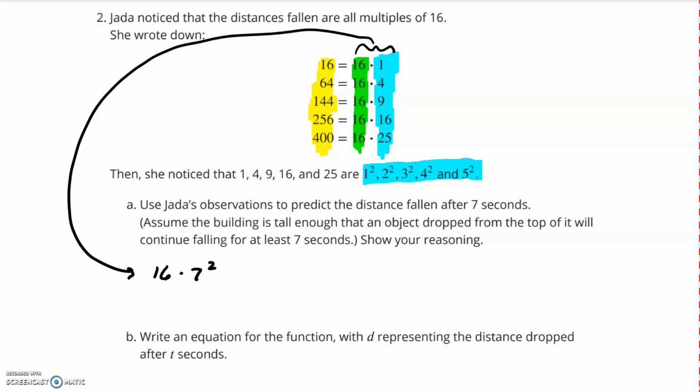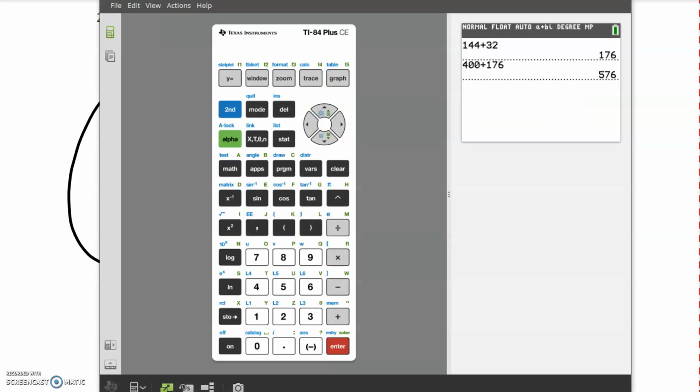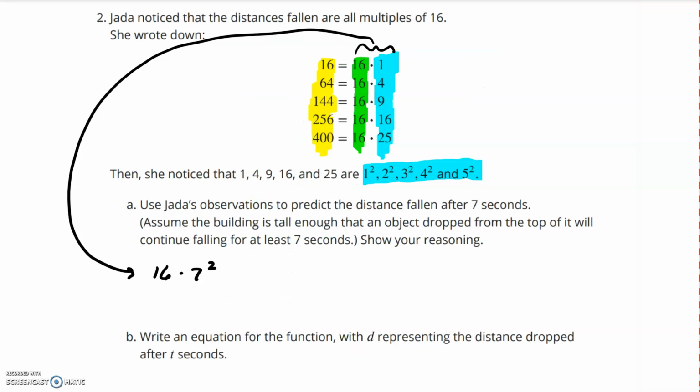And if we go to our calculator and we do 16 times 7 squared, notice I just type it right into the calculator, hit enter, and I end up with 784. Okay, so after 7 seconds, if the building was tall enough to allow it, it would fall 784 feet.